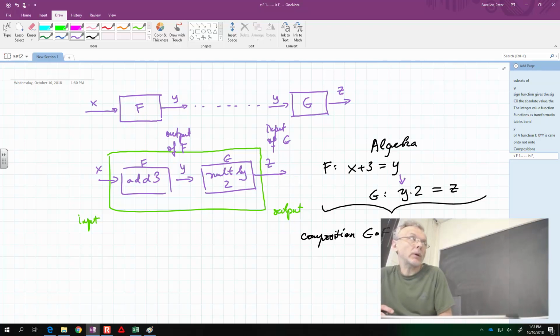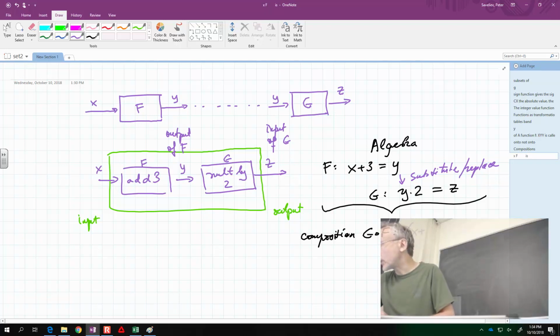So what is the meaning of plug in, in the algebraic context? Substitute. We have y equal to x plus 3, so substitute or replace, either way, replace y with what it is. So I have, not y, but rather (x plus 3) times 2 is equal to z, and that's the whole thing. Now I have a formula for my function.